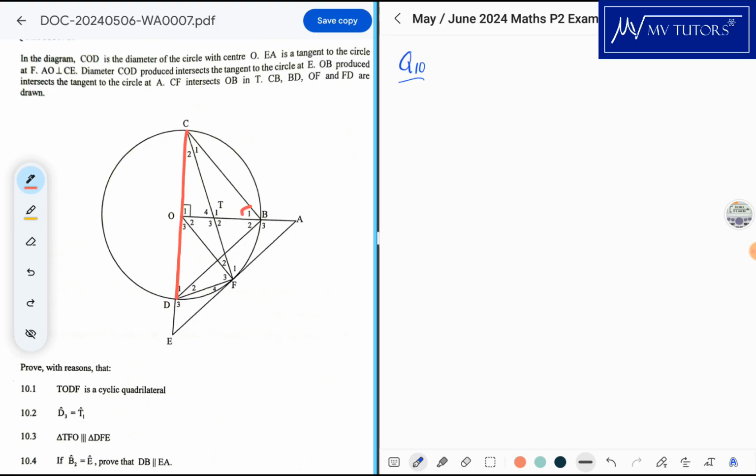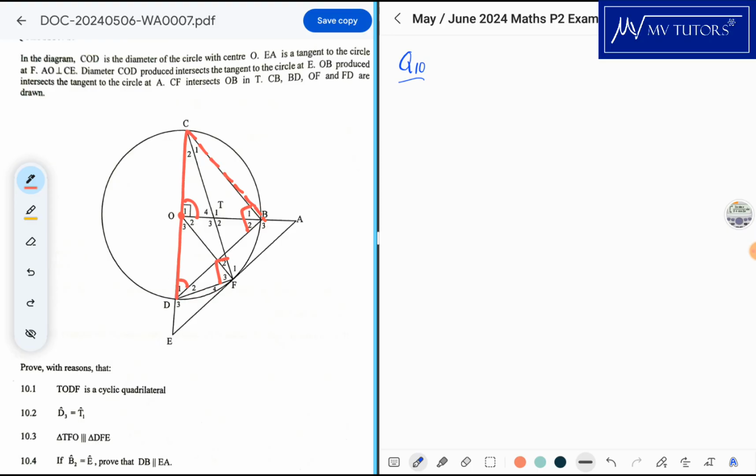It means B1 and B2 is 90 degrees. Is there any other triangle? Yes, F2 and F3 are actually 90 degrees. And if we have a center, angle at the center is twice angle at the circumference. So I can see chord CB, there O1, and then D1. I'm sure there are many of them, but let's move on.